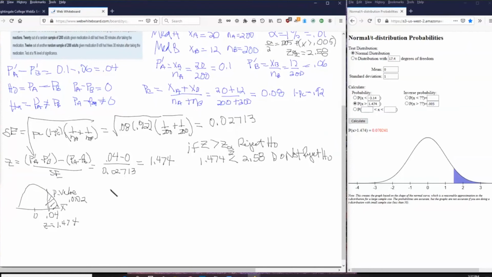So this would be the probability that x is greater than 1.474.